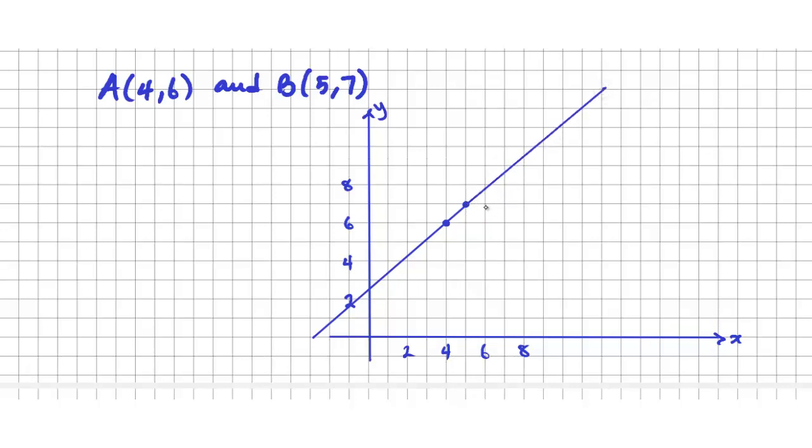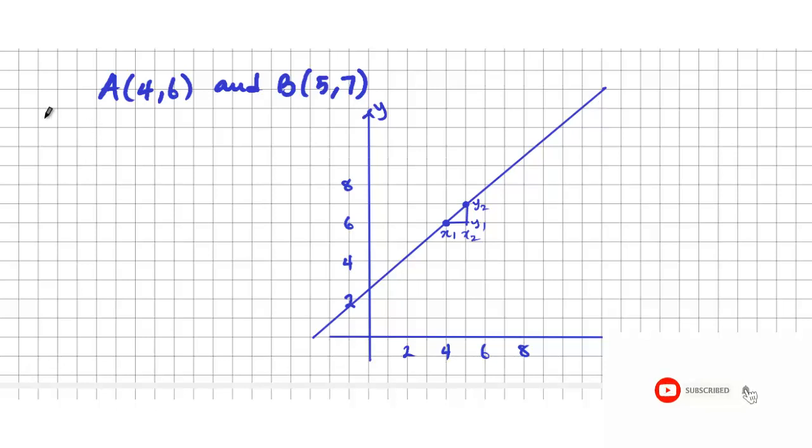Now let me explain something before I proceed. It is not ideal to use this small right triangle for the slope, but because we want to identify the coordinates that we assign for x1 and y1, we are going to be using it like that. So this is our y2, this is y1, this is x2, this is x1. That tells us that this particular graph is going to give us a positive slope, because the right triangle is facing the right side.